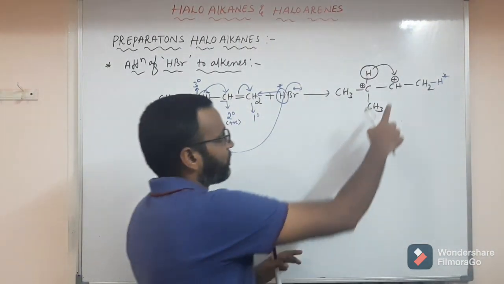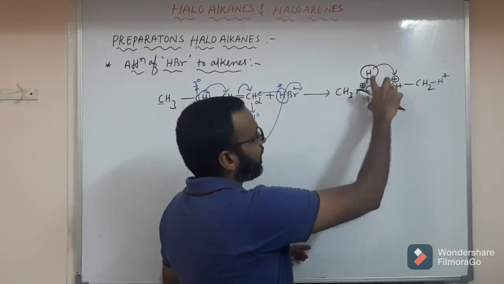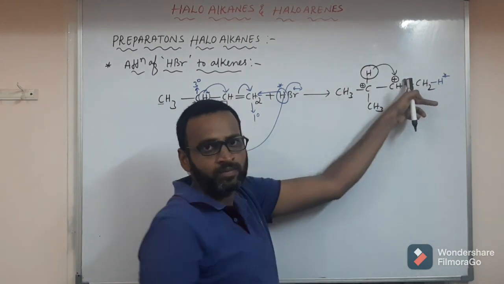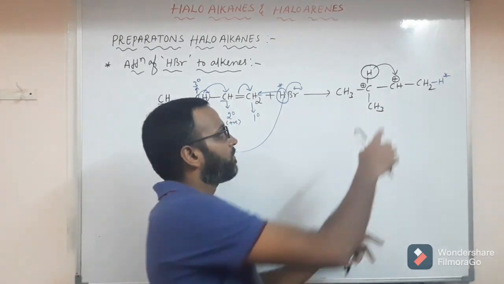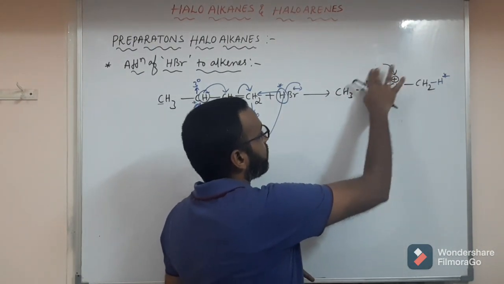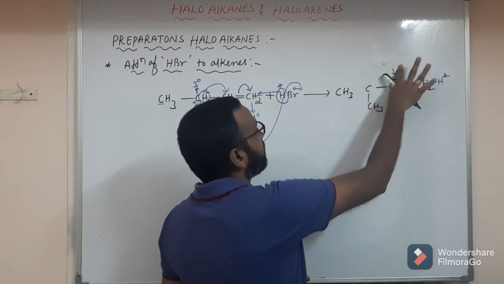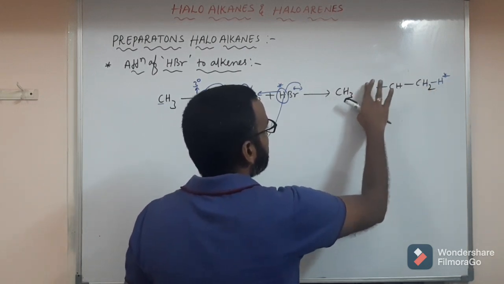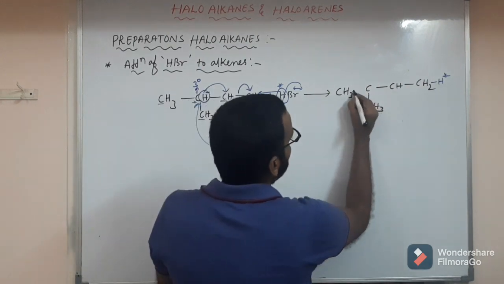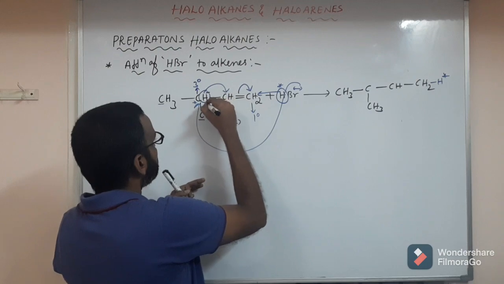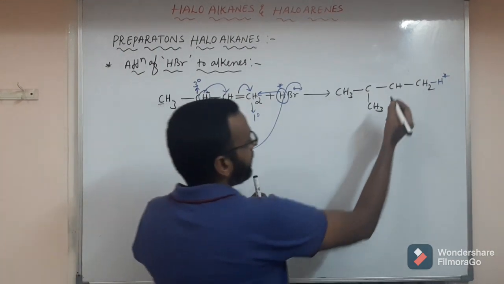Getting what I am saying? So first the positive charge came over here. That positive charge is nullified by this H minus, cancelling the charge, because H minus migrated over there. So now this hydrogen from here migrated over here.